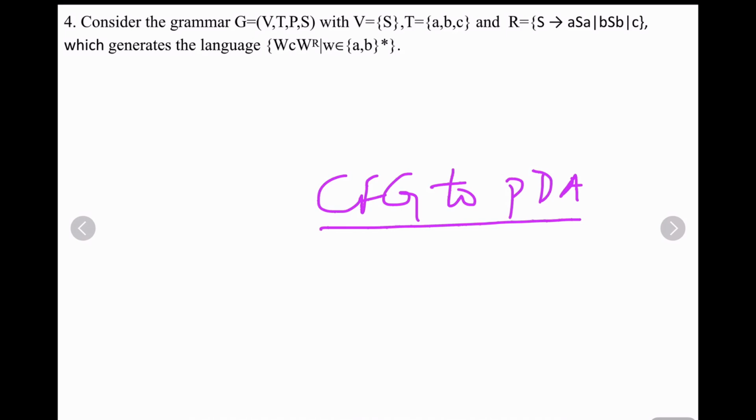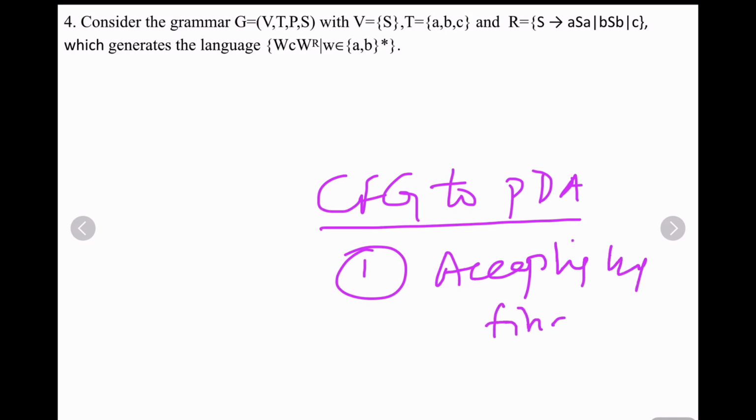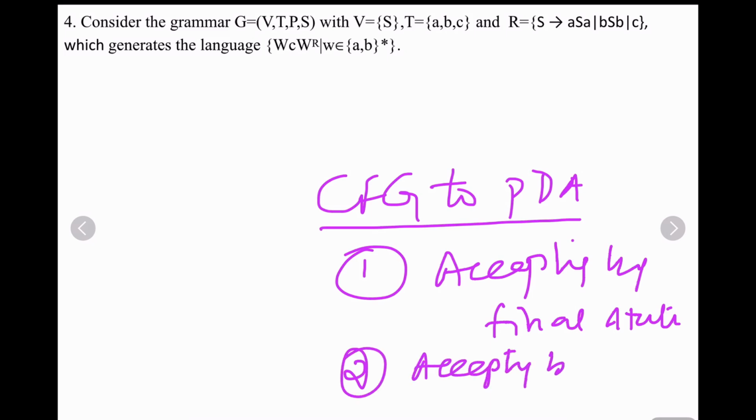One is accepting by final state. Another type is accepting by empty stack.